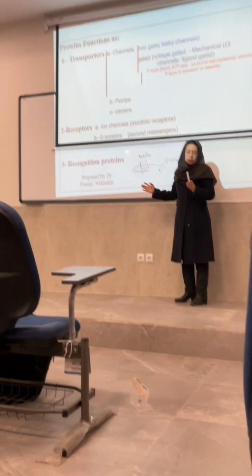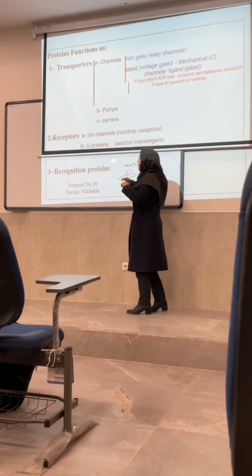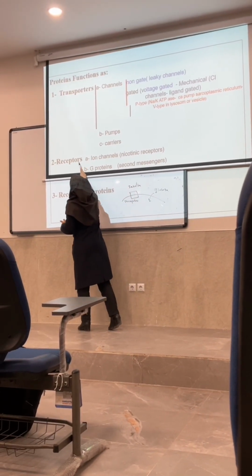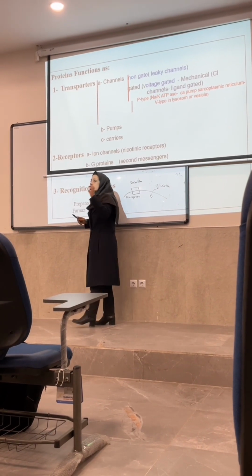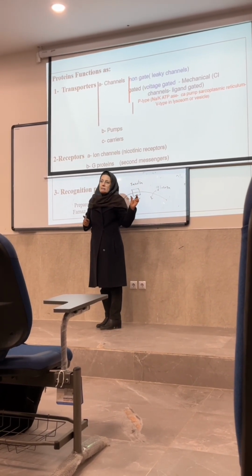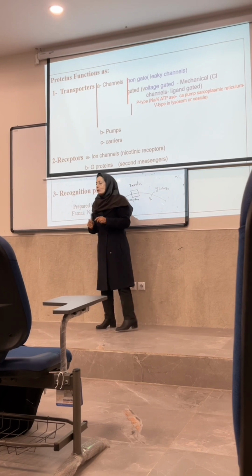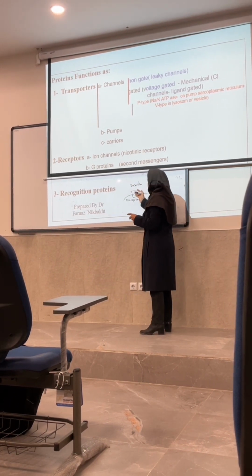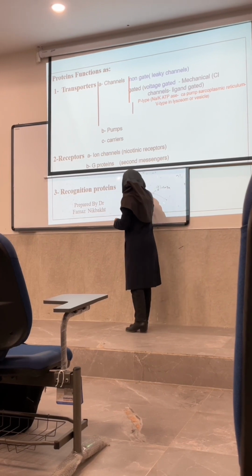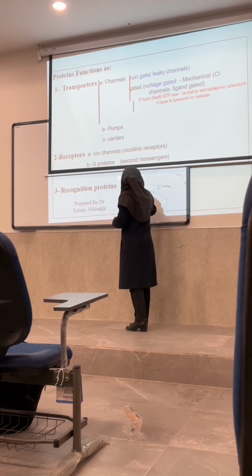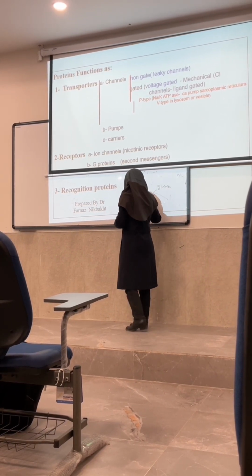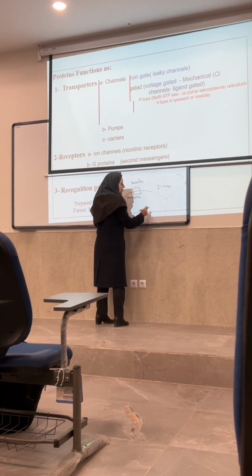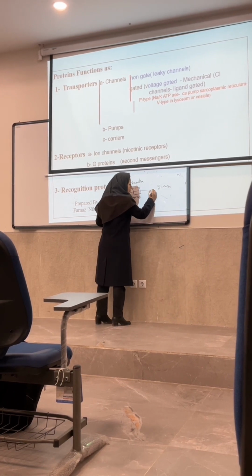Understand? I will explain how it can happen. The insulin will be attached to the receptor, and then we have a carrier for glucose. Do you remember it was GLUT?